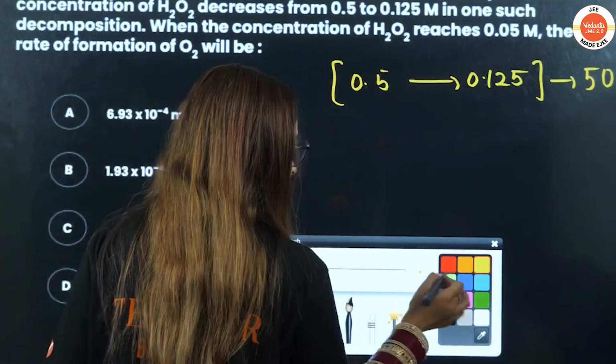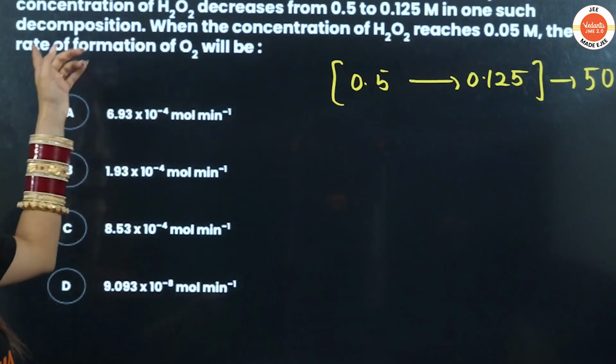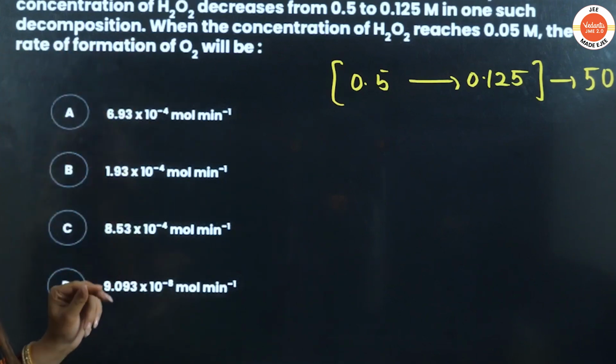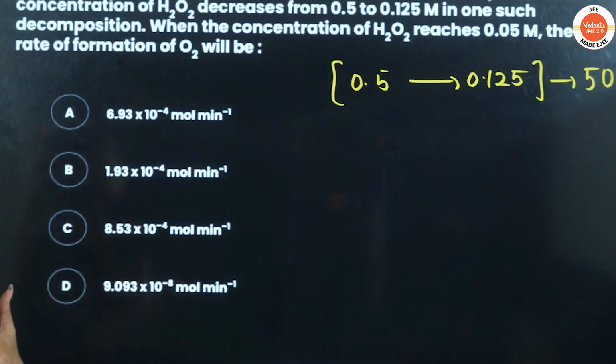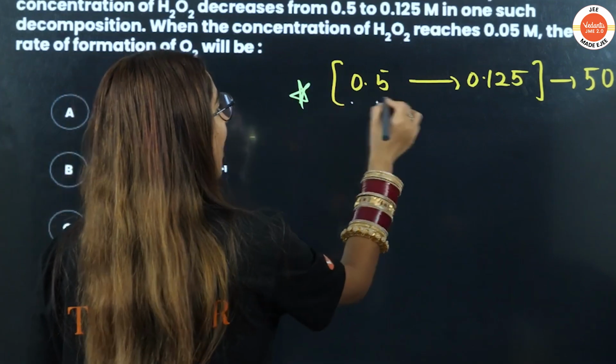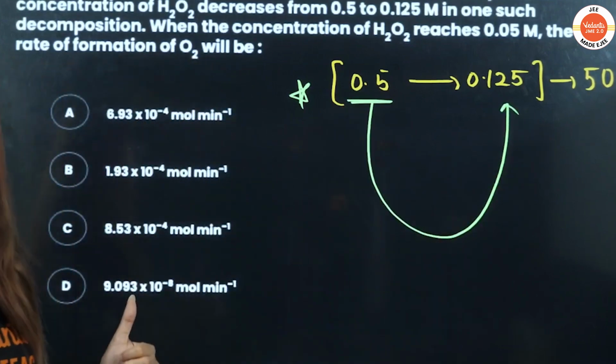That is why I have picked it here. Next is, in such decomposition, when the concentration of H2O2 reaches 0.05, what will be the rate of formation of O2? So we will start from this part, that 0.5 to 0.125, right?